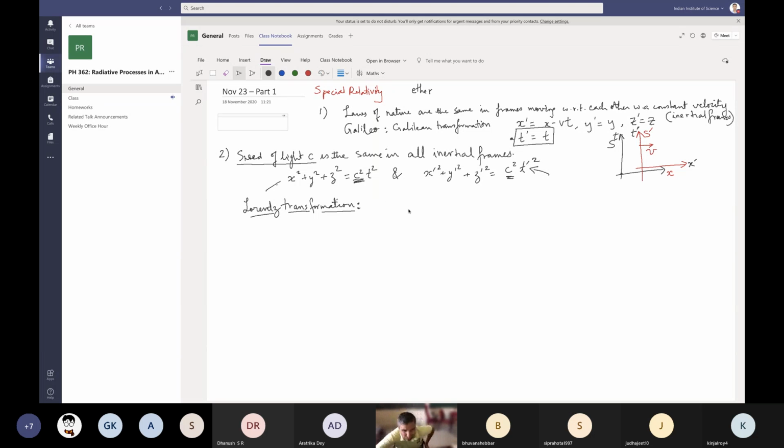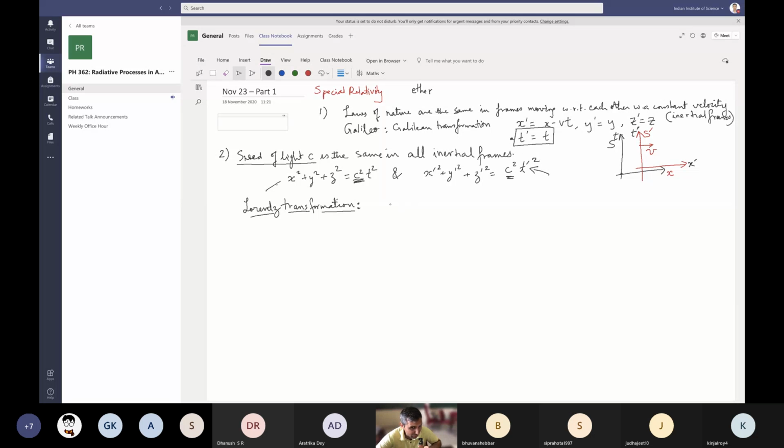A lot of this mathematics was already known before Einstein, for example by Lorentz and Poincaré, but they did not put it all together in a form which highlighted the first point here, that the laws of physics and laws of nature are the same in all frames which are moving with respect to each other at a constant velocity, right? So these Lorentz transformations, let me write.